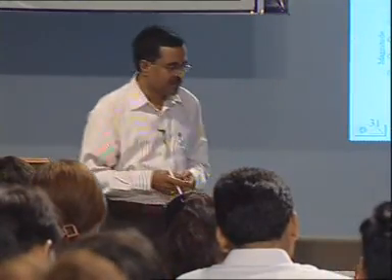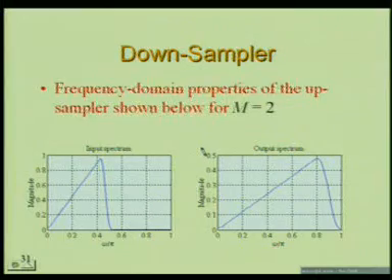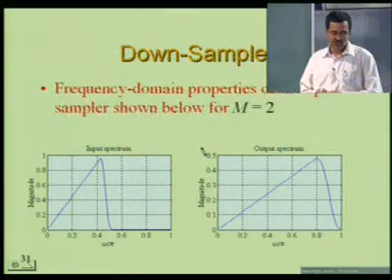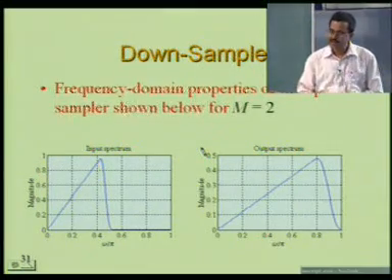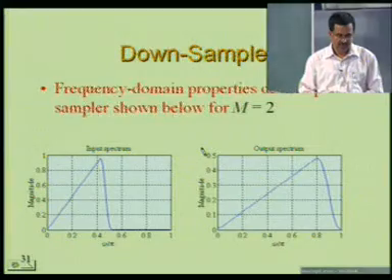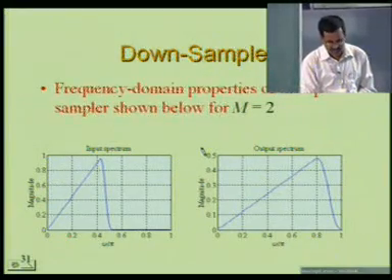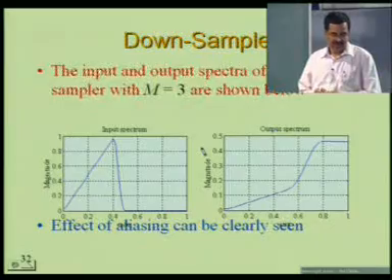So, frequency domain properties of the downsampler, shown below for M equal to 2. The input and output spectra of a downsampler with capital M equal to 3 are shown below.